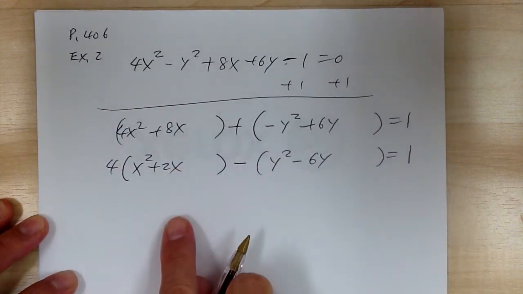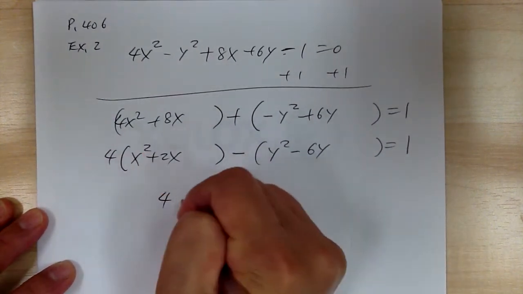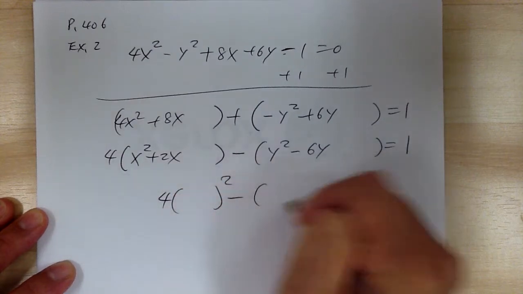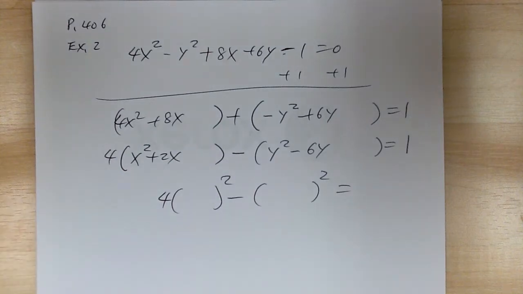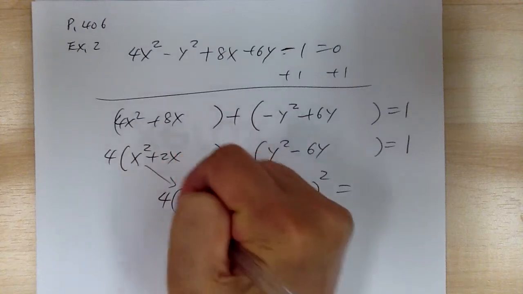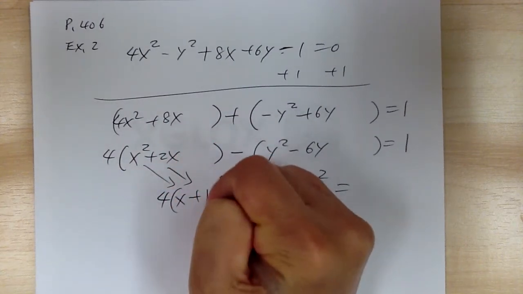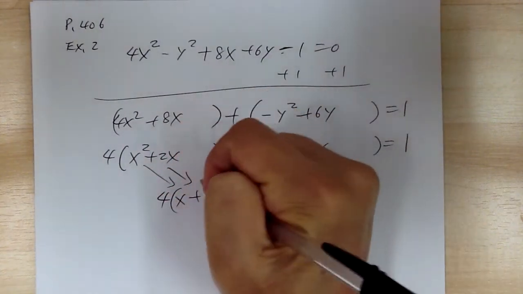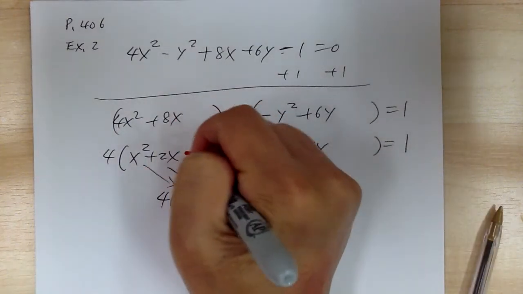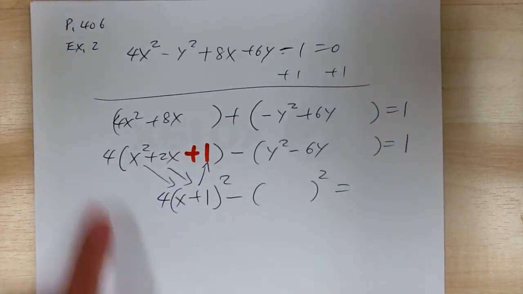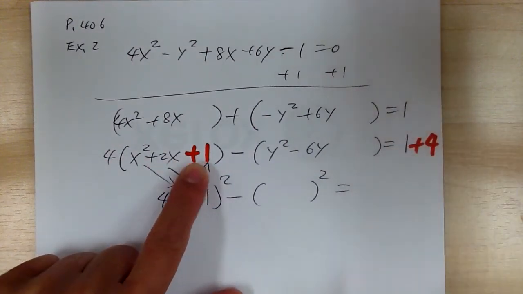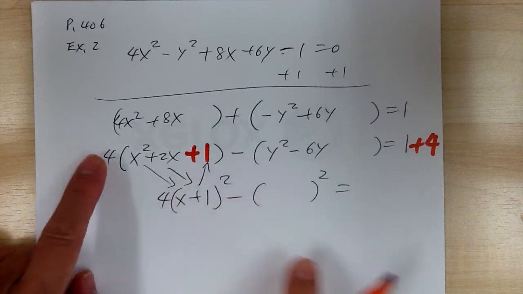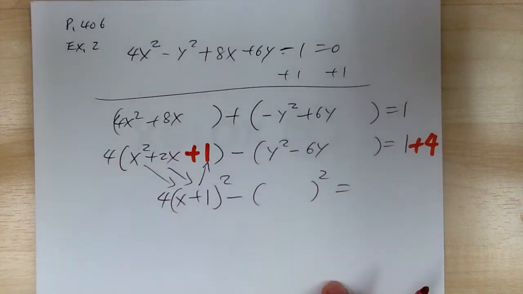Then you get your perfect squares. So you're going to get 4 parentheses squared minus parentheses squared equal blank. Now you start to work these out. From here you get x, from here you get plus 1, and then from here you get plus 1. Notice there's a 4 times, so you need to add 4, not 1, because there's a 4 out front. 4 times 1 gives you plus 4.